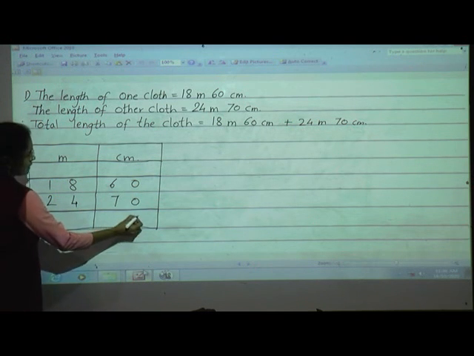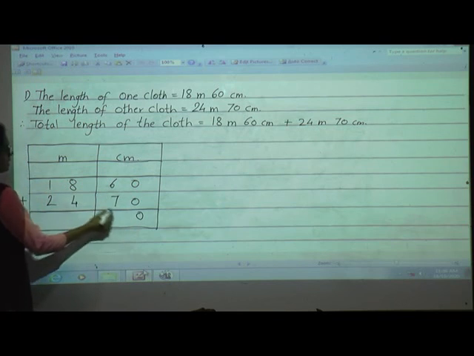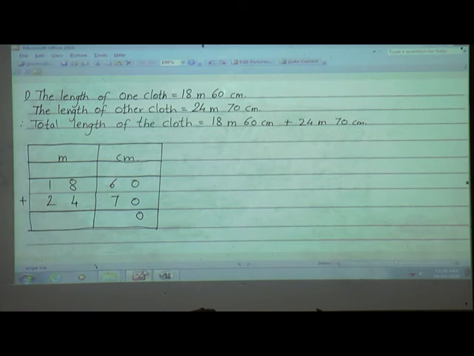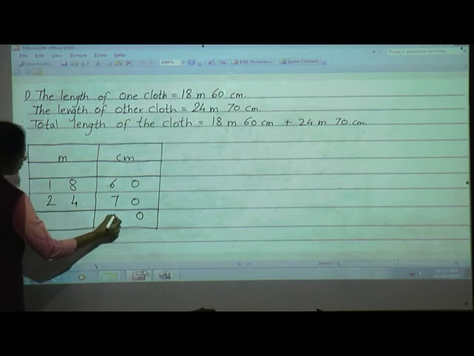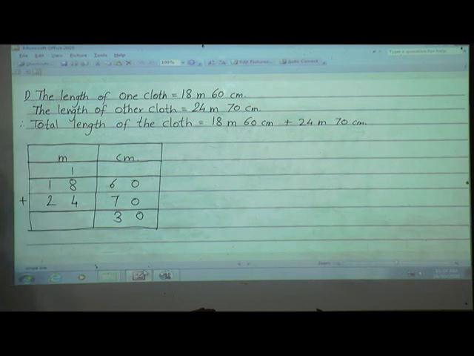So do the addition. 0 plus 0, 0. 6 plus 7. After 6 count your 7 fingers. 6 plus 7, 13. So we'll write here 3 and 1 as a carry. Then 8 plus 1, this carry also we have to add.